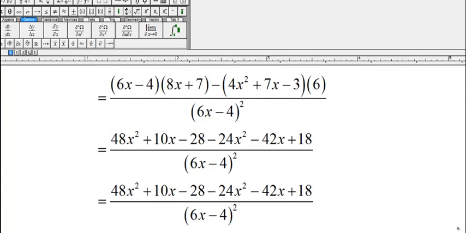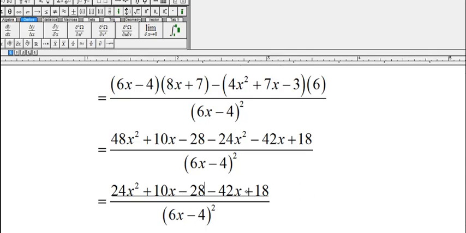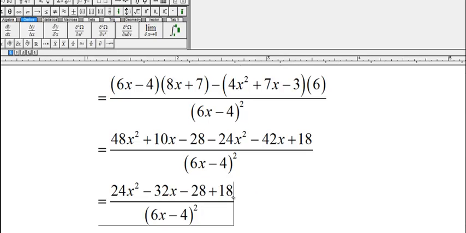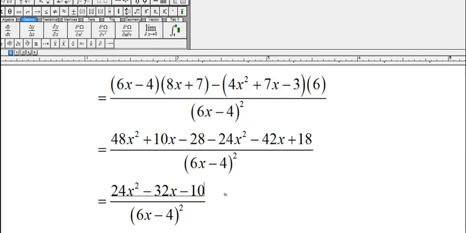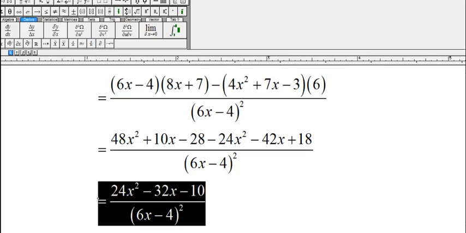Now combine like terms in the top. 48x squared minus 24x squared is 24x squared. Negative 42 plus 10 is negative 32x, so that gives us our x term. And negative 28 plus 18 is negative 10. And there's our answer. Again, a little cleaner.